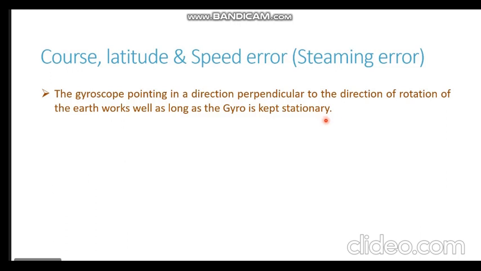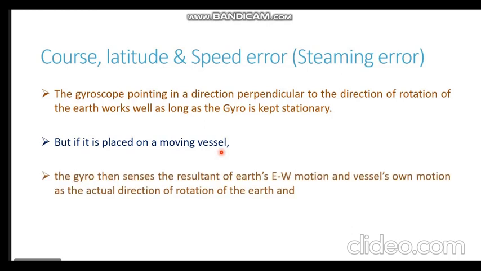So it is able to sense or judge the direction in which the earth is rotating, and it aligns itself perpendicular to that particular direction, which happens to be north, and we get a directional reference. But the entire scenario changes if the gyro is placed on a moving vessel. Gyro is placed on a ship which is having a motion of its own.